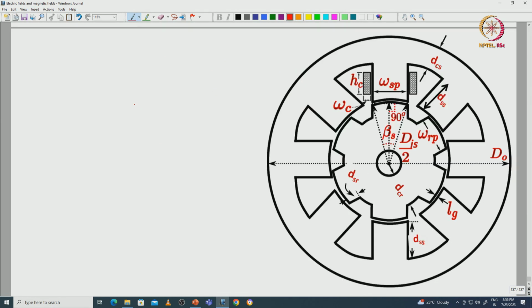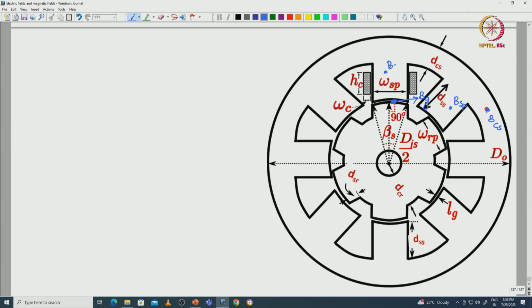Next we will discuss how to find the slot or pole height and pole depth. We will analyze the flux densities at the different parts of the iron. Let us say the flux density at the back iron part is BCS, the flux density in the pole region is BSP, and the flux density at the air gap region is BG.